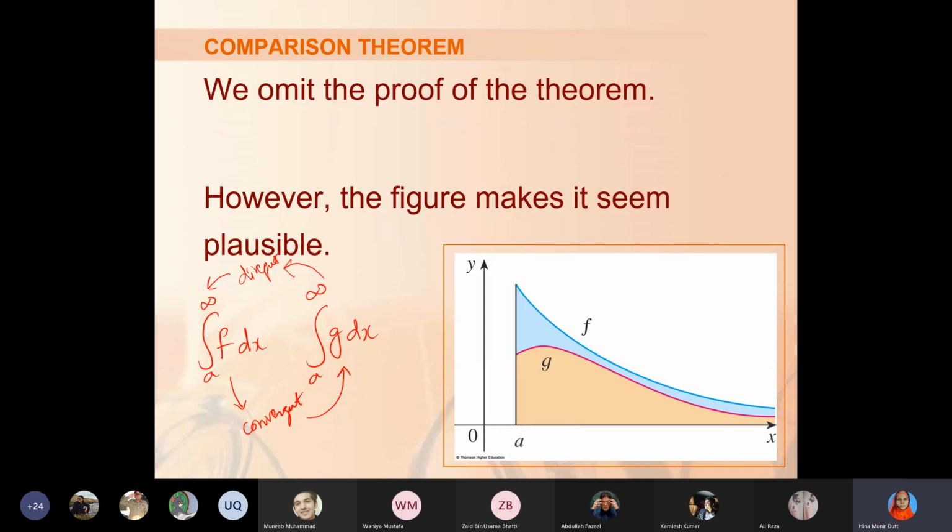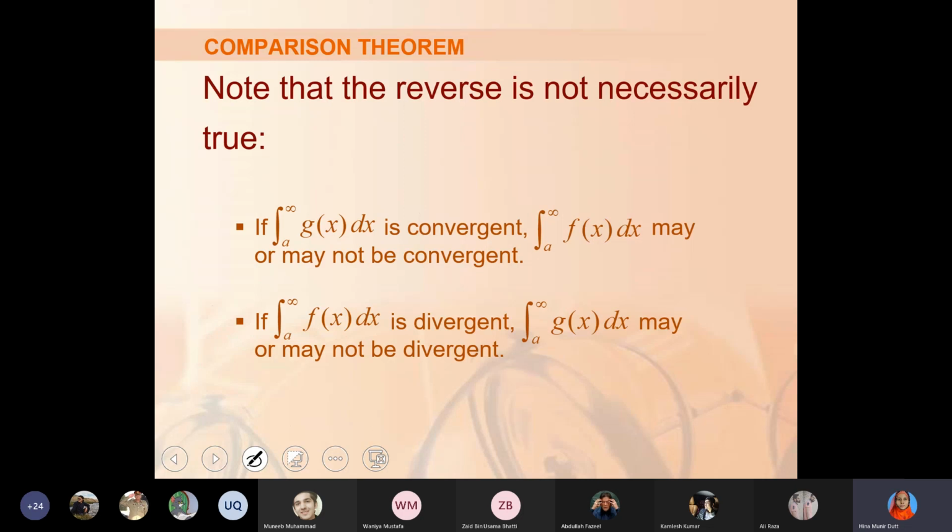If the integral of f is divergent, it does not imply that the integral of g is divergent. The integral of g may or may not be divergent. And the fourth case is if the integral of g is convergent, the integral of f may or may not be convergent. That is these two cases. Okay?